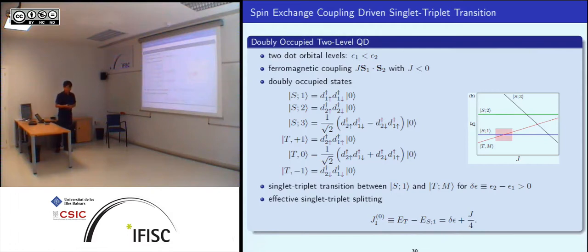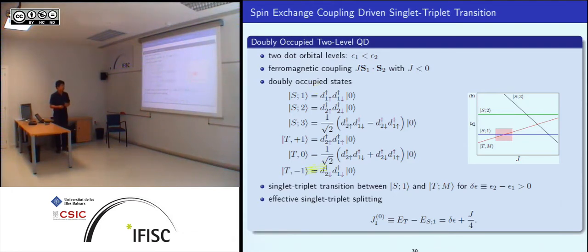And now we consider two-level cases. Just adding one more level does not change the physics discussed up to now. But here we add one more interaction, the spin interaction between electrons in two orbitals. And look at the doubly occupied cases.